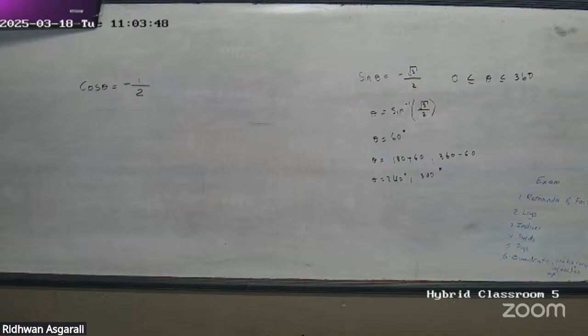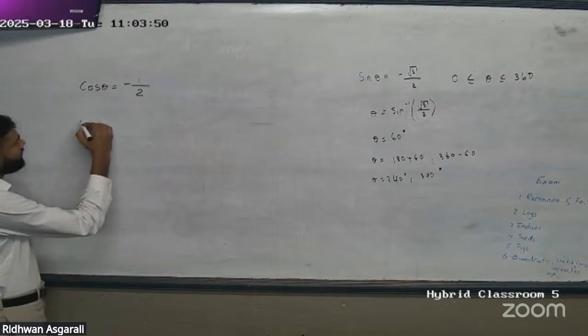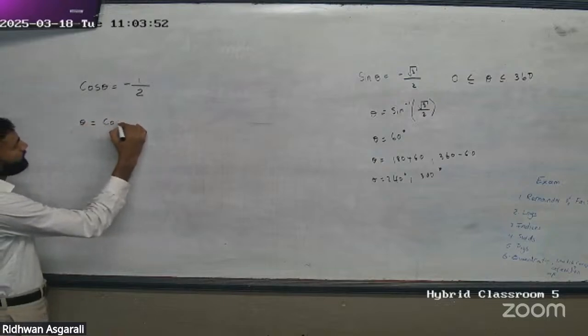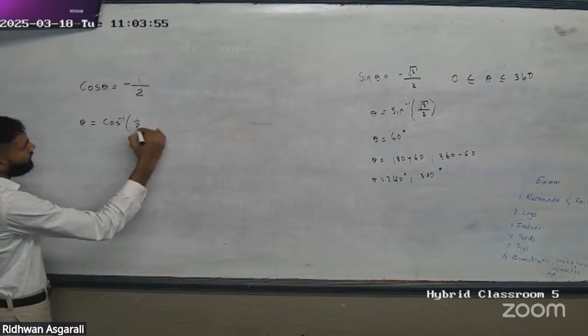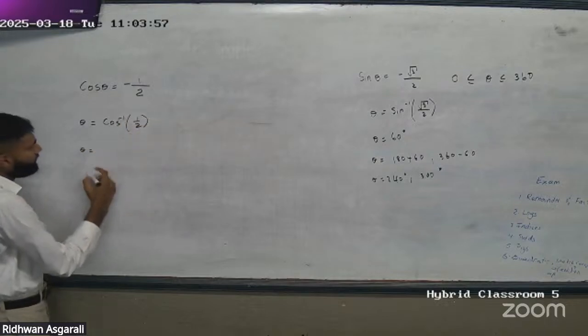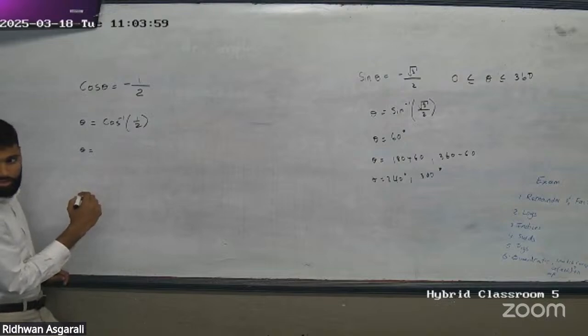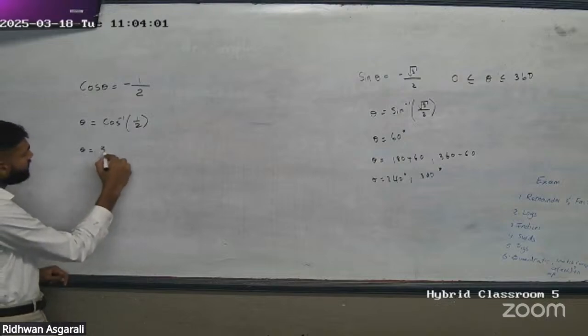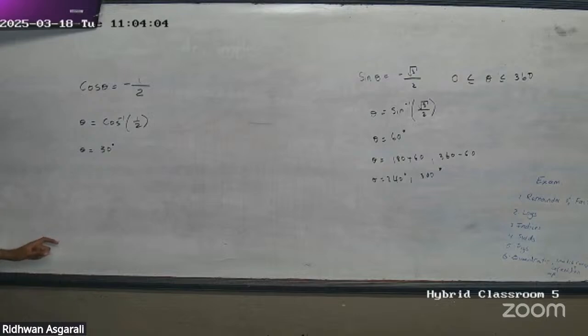Yeah, you have to do this one. Theta is cos inverse of a half. How much is theta? Theta is how much? 30. Right? But we want... And in which of the quadrants is cos negative?